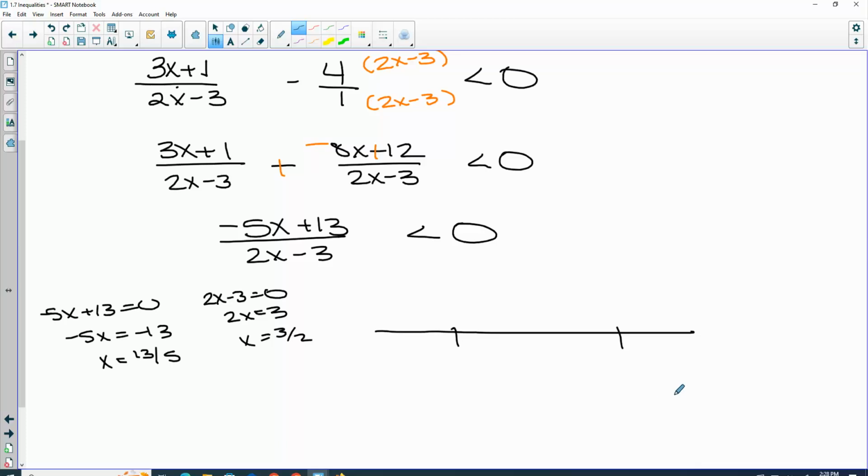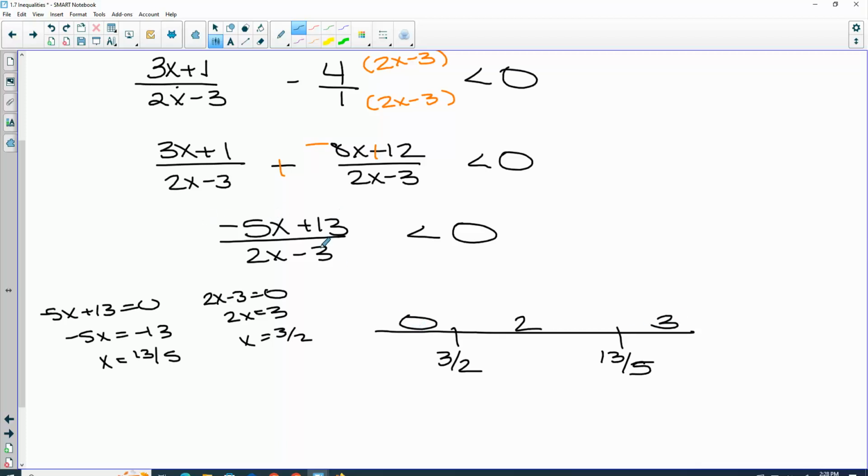Which one's smaller? 3/2. Okay. Test points. Smaller than 3/2? 0. In between, this is like 1.5 and 2.6, so we could do a 2. Bigger? 3.